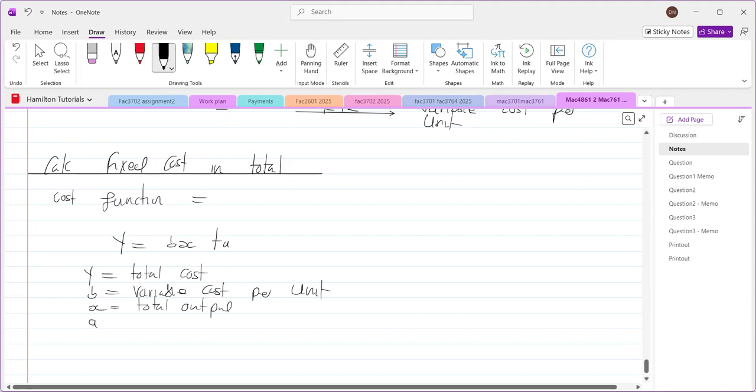And a in these types of calculation represents the total fixed cost.